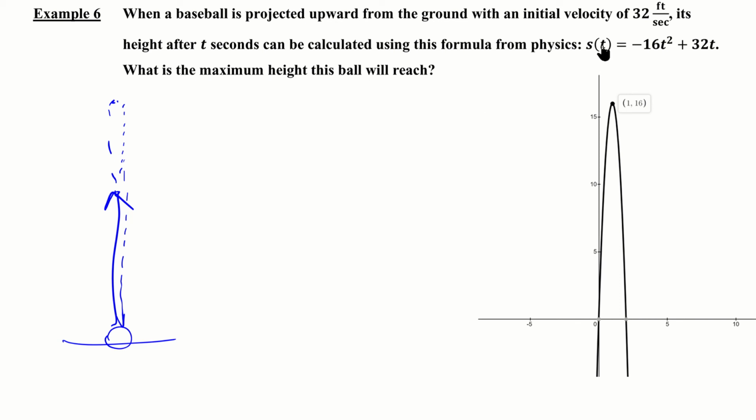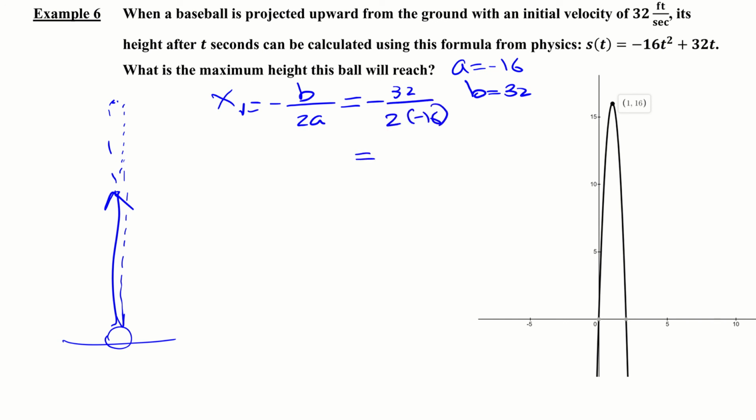Once we know the number of seconds, we can plug it in here and we'll know the actual height, because remember, s of t here is giving you the height after t seconds. So again, we can use our x value of the vertex equals negative b over 2a formula. So we get, notice that a is negative 16 and b is 32. So we get negative 32 over 2 times negative 16. And notice this is going to be 32 over 32, which is 1.